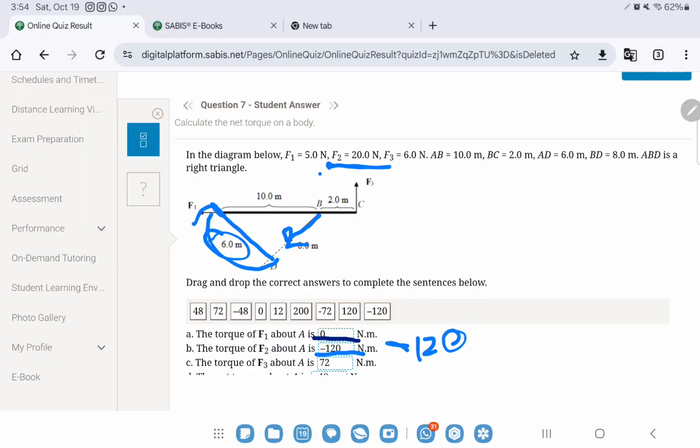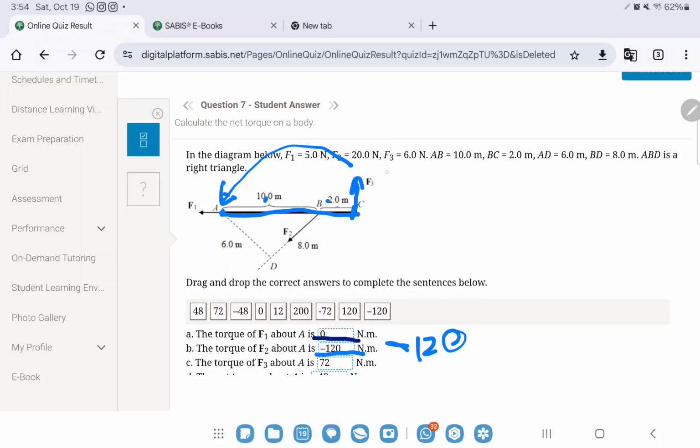Now for F3, we're going to look at F3. F3 is here. The distance between F3 and A is this, which is 2 plus 10, 12. And F3 is going like this to reach, so it's counterclockwise, meaning it's positive.